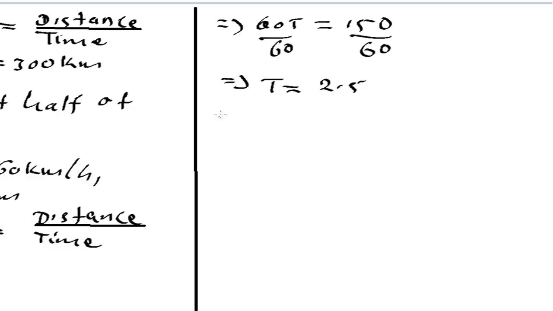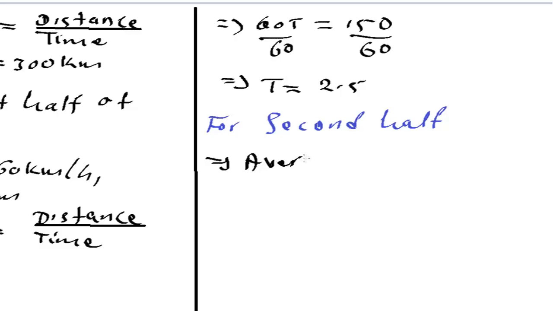So we are now solving for the second part of the journey. So we write: for second half, we know that average speed for second half is equal to 90 kilometers per hour.